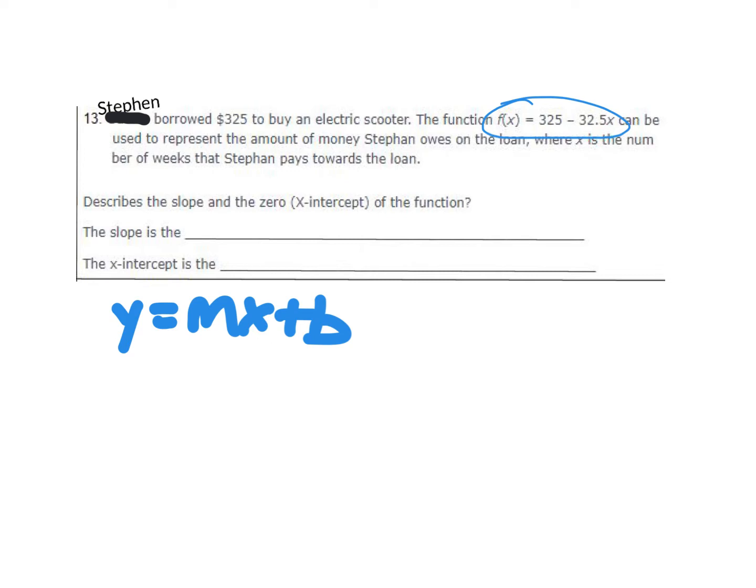X would be the number of weeks. That's our variable. What this is saying is that he borrowed that $325 and he's paying back $32.50 each week. So if we think about that on a graph, this is our x and y. He starts out here with $325.